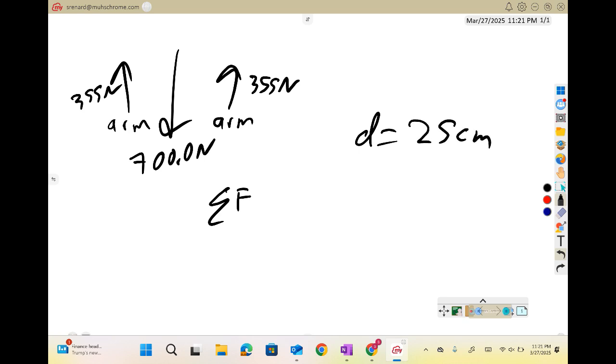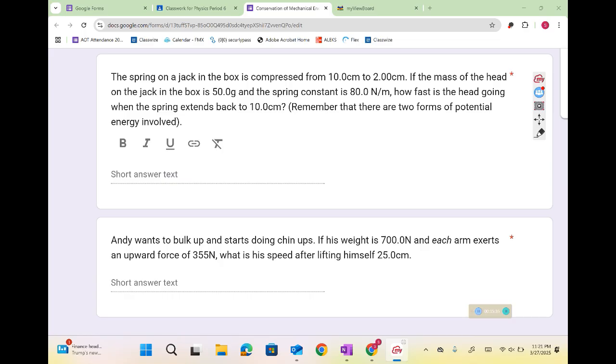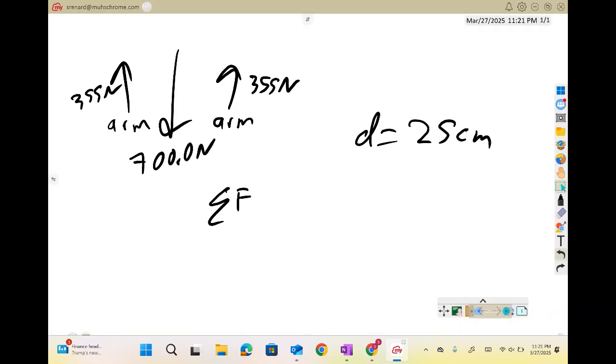One of the problems here is that we can't have any of our measurements be in centimeters. So we're going to call this distance 0.25 meters.